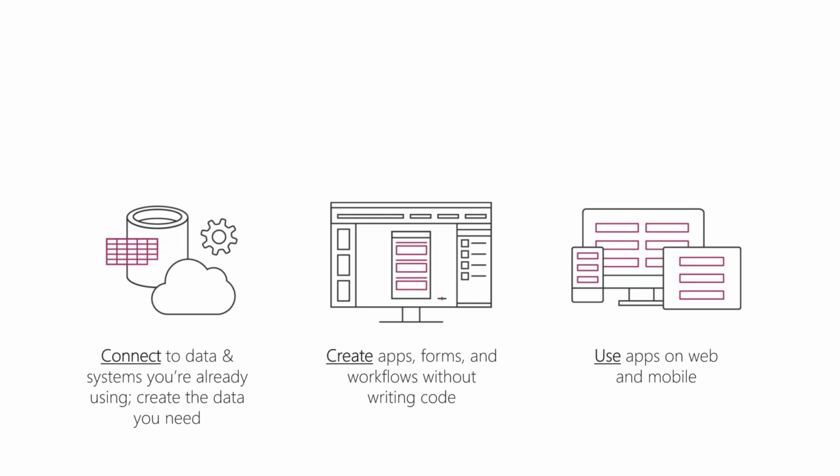So again, the first part, connect, is that we want to be able to connect to the data that you already have. We'll talk about gateways in a second, but it's a way for it to understand where the data is that it needs to get. The next is, as we'll see in our demonstration, that creating an app or a form or whatever we want to build is really simple.